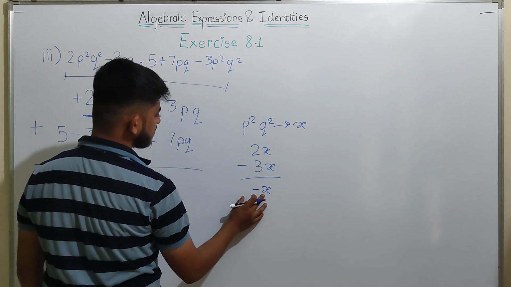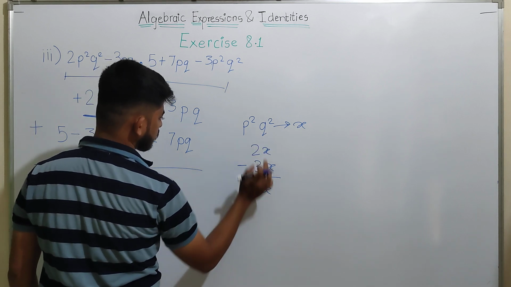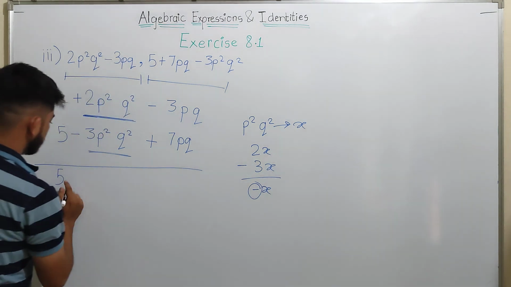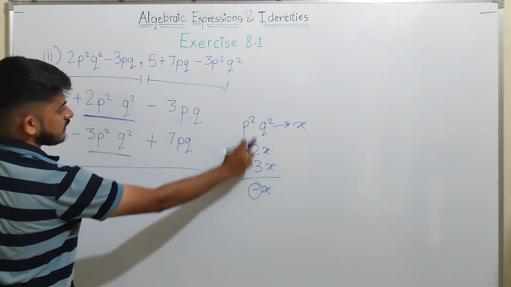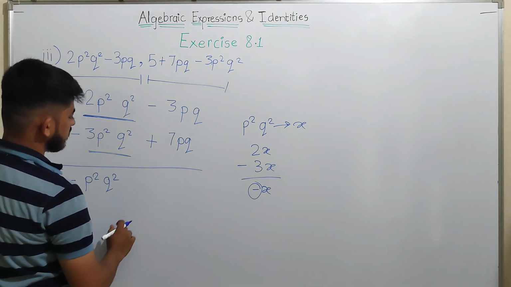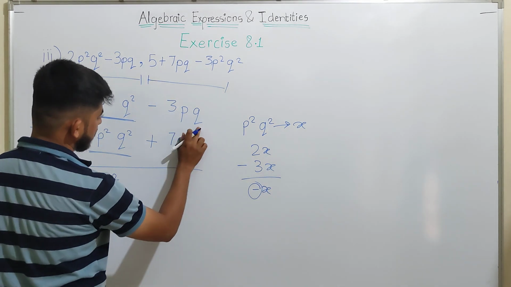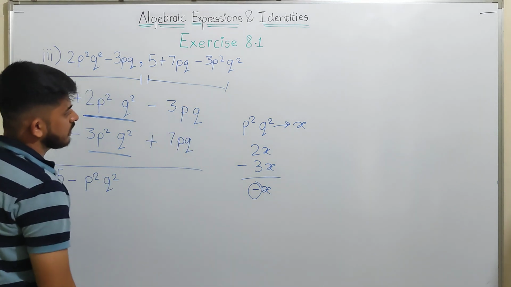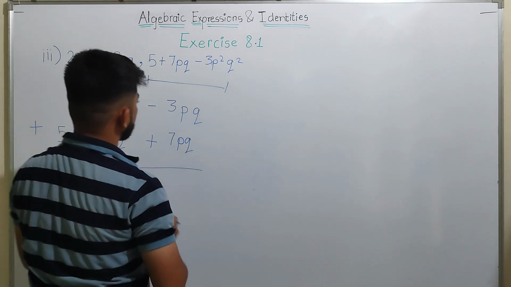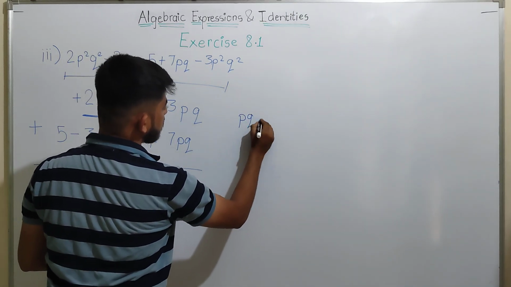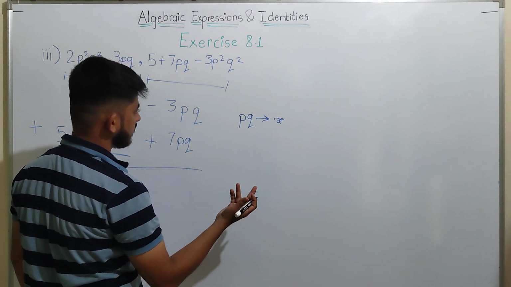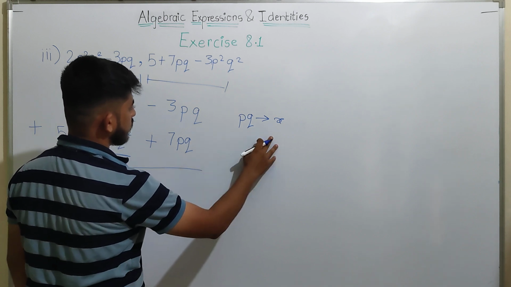Similarly, what we have considered as x is p²q², and we have to give the minus symbol over here: minus p²q². Now see here, same as before, we have pq minus 3pq plus 7pq. Now consider pq as x, or you can rewrite pq as x.